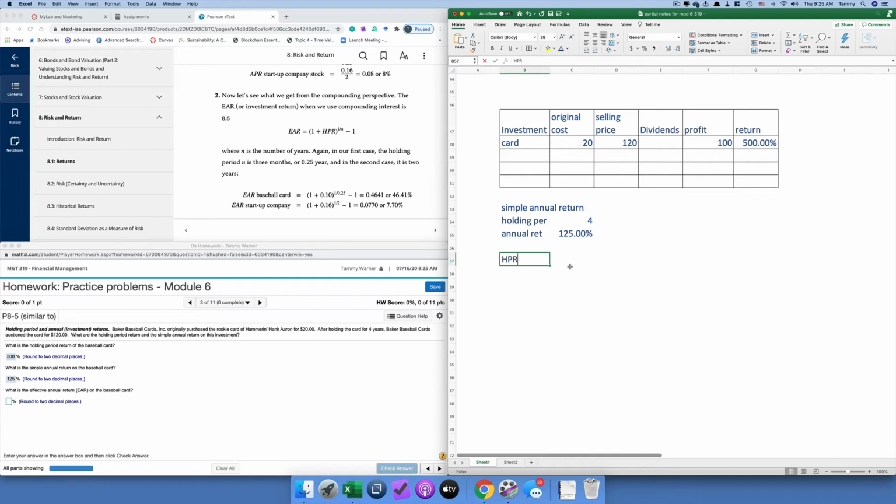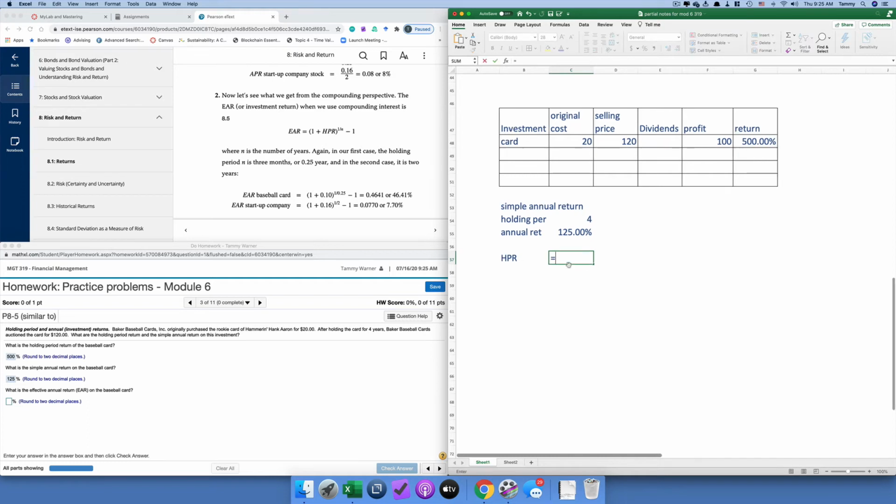Our HPR is this 500% number up here, and our N is the number of years, which is 4. And then let's calculate 1 over n as well, because that becomes our exponent. So 1 over 4 is 0.25.